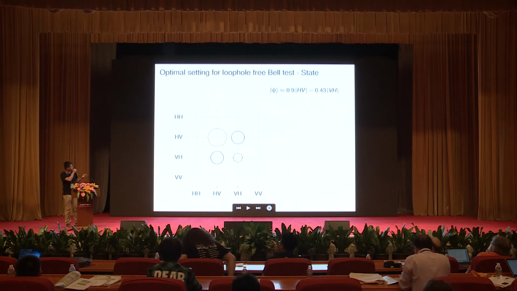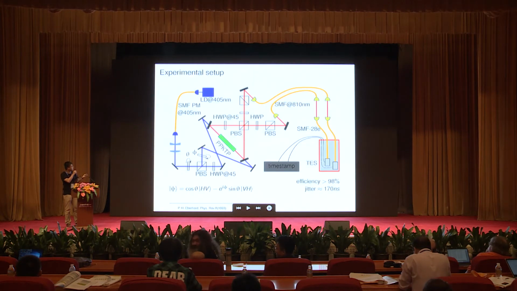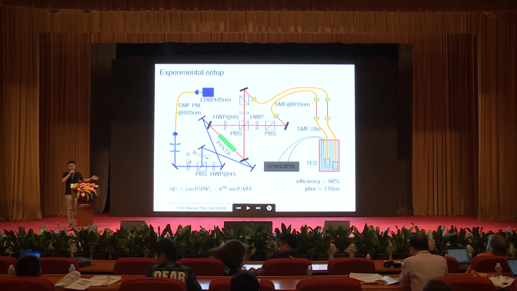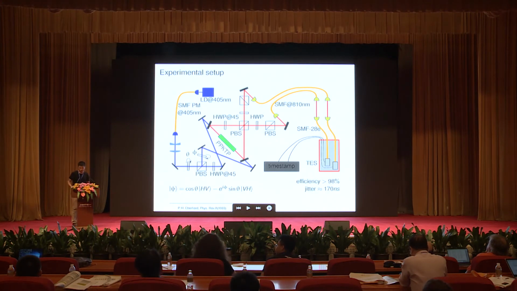We can further improve it, because here we use a free space link between the detector and the source, where the transmission is about 95%. Also for the detector, the TES intrinsically doesn't have any dead time, but during the measurement, we just set some threshold, so we artificially introduce some dead time, which reduces the efficiency by 1 or 2%, something like that.